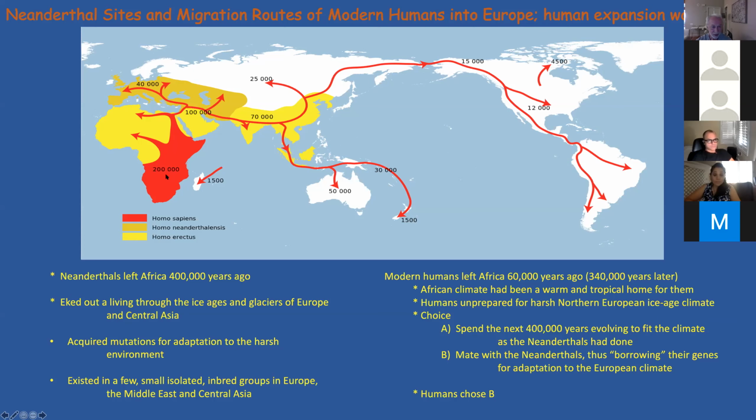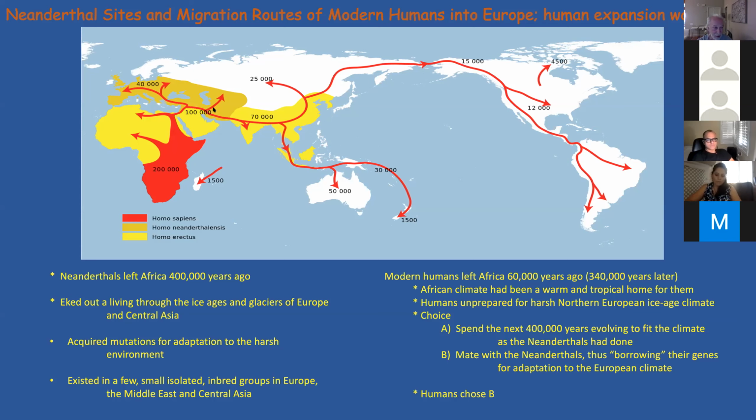Humans, Homo sapiens, evolved just once in Africa, along with other species of Homo, including Homo neanderthalensis, the Neanderthals. And what you see here in red is where Homo sapiens came from.